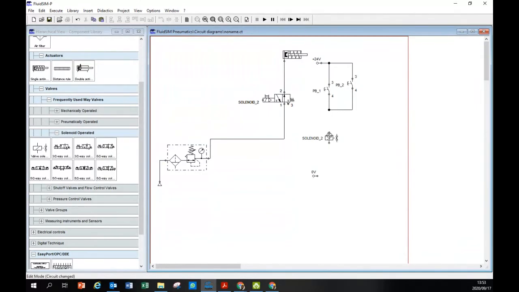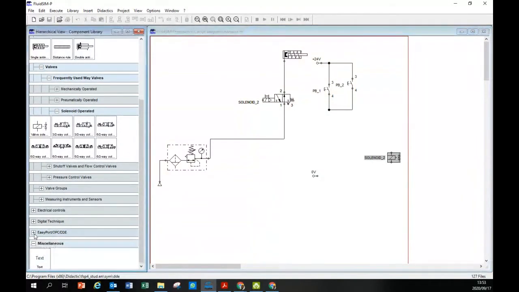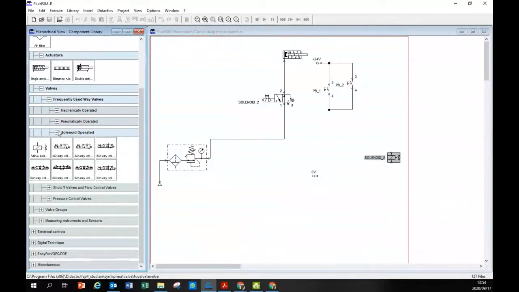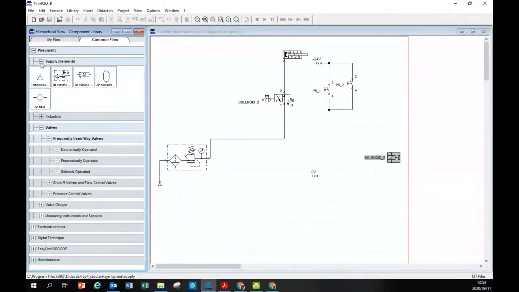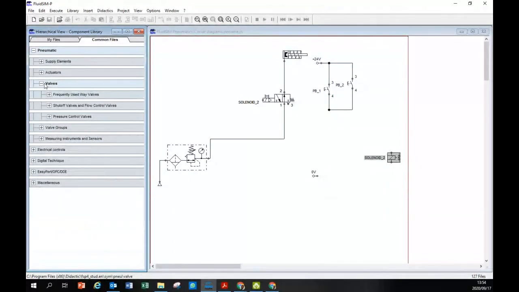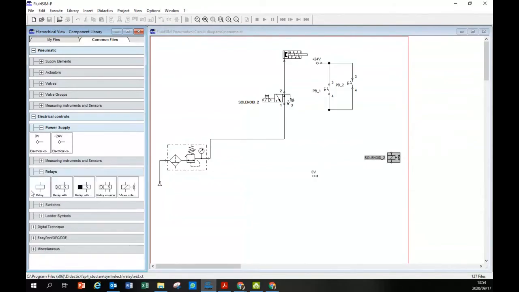Delete this here, delete that, position this chap here, and I'm going to put in the relay. Where do I find my relay? Hold on. And yeah, guys, it's very important for you to know where to find what. Now, close everything. Okay, close this valve side. So electrical controls. I find power supply, measuring instruments, I find relays.